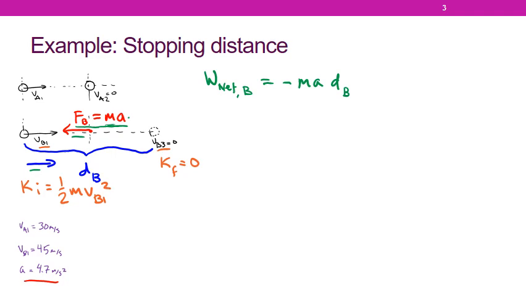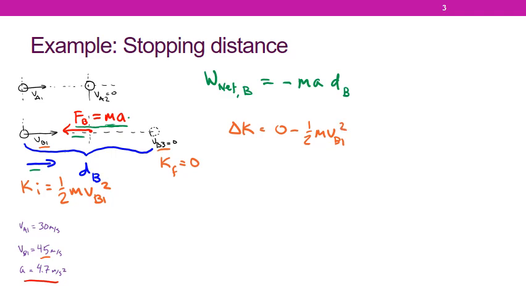This is my 45 meters per second. So the change in kinetic energy is my final, 0, minus 1/2 mass times my initial velocity squared.